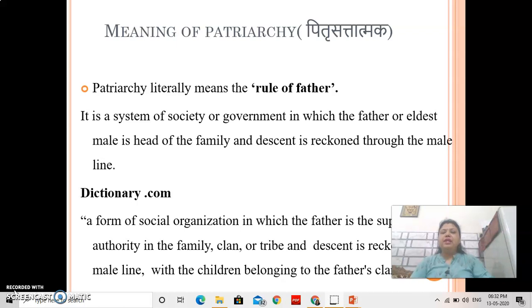According to dictionary.com, it is a form of social organization in which the father is the supreme authority in the family, clan or tribe, and descent is reckoned in the male line, with the children belonging to the father's clan or tribe. It means the children always carry the surname of their father.